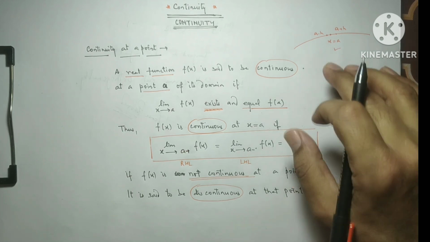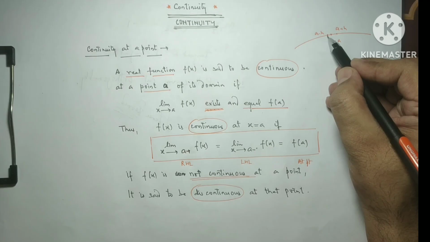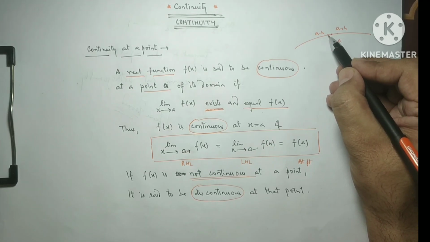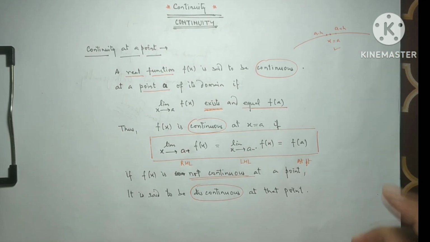So continuity means connected, the left hand side and right hand side of the curve are connected, this curve is not discontinuous, right?